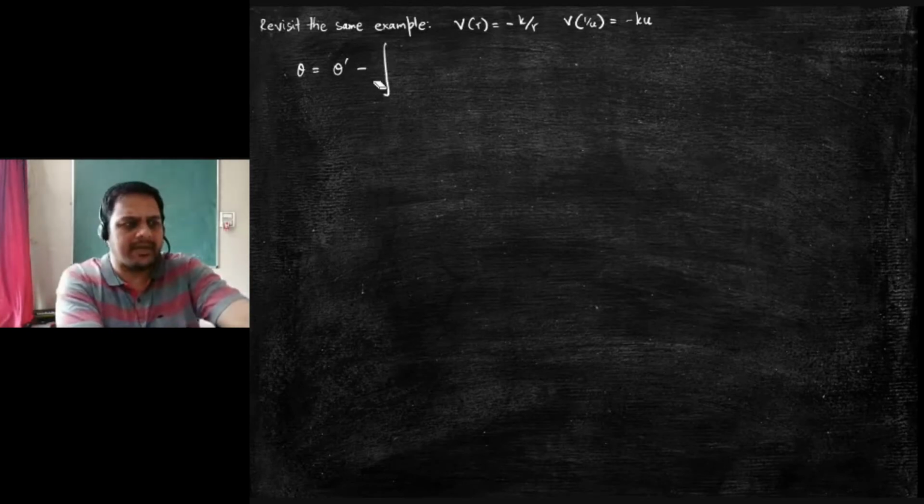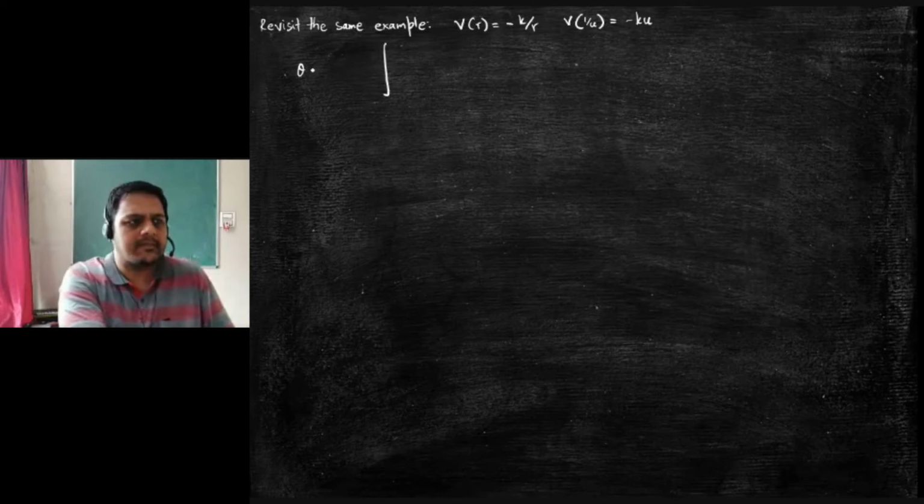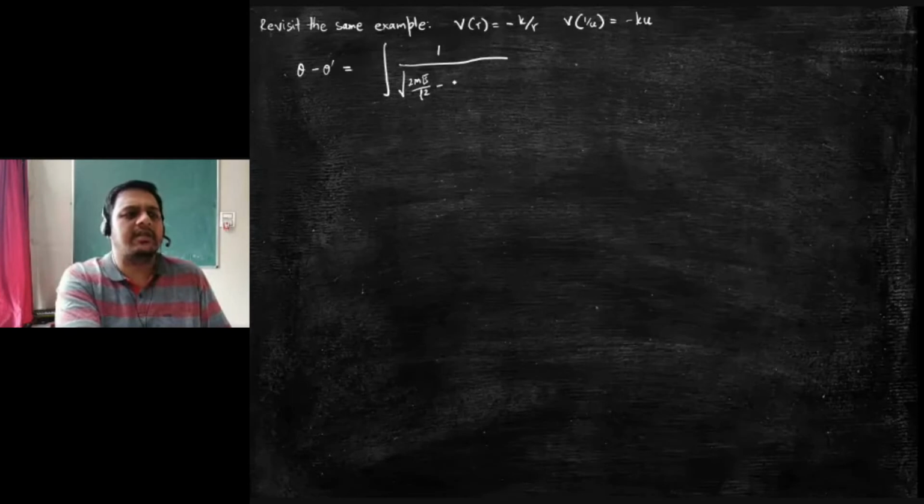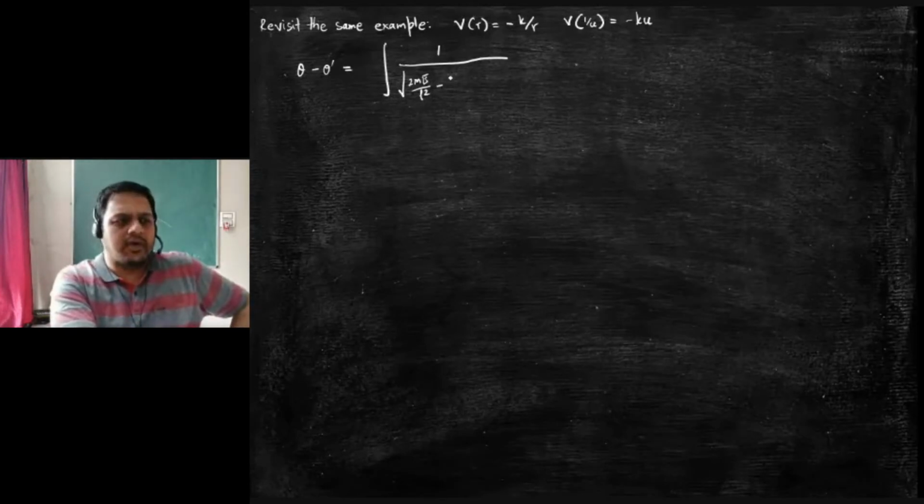Or let me write it like this. Theta minus theta prime is equal to integral 1 upon square root of 2m e by L square minus, what was it, 2m v by L square.